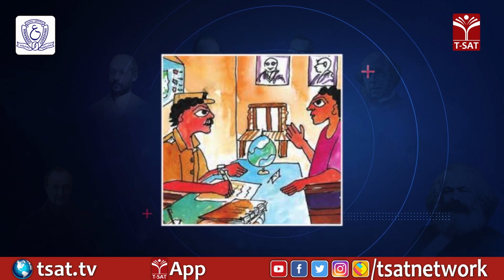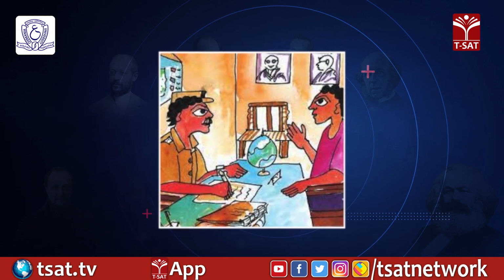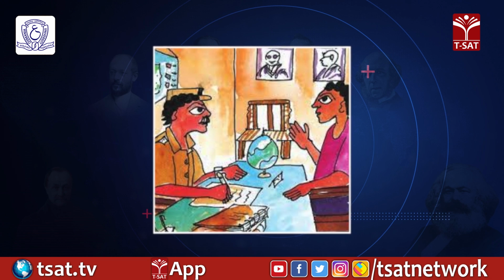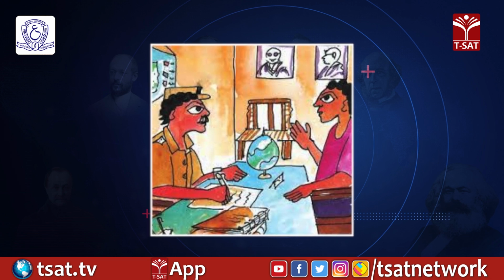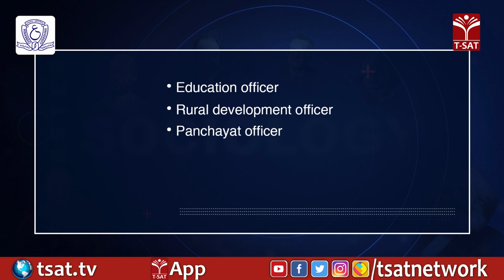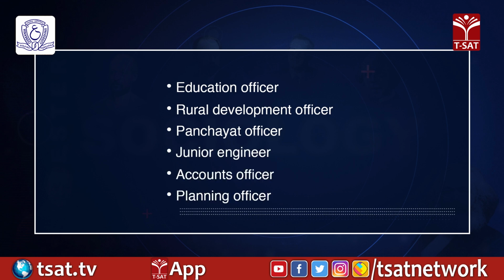The executive or chief executive officer is helped by various other block level technical and non-technical staff like education officer, rural development officer, Panchayat officer, junior engineer, accounts officer, planning officer, etc.